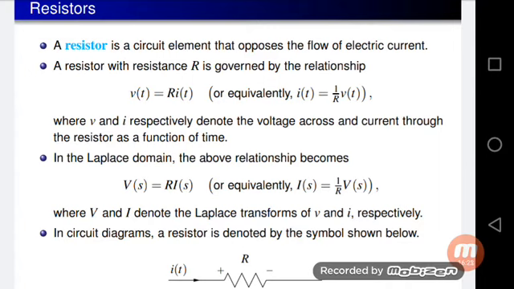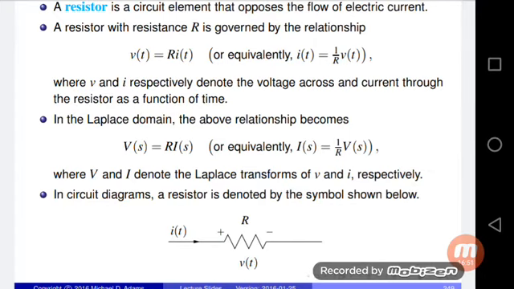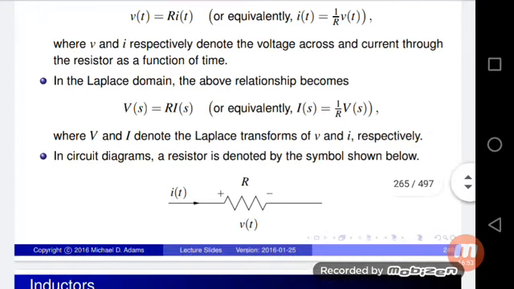That's why we use it in electronic or electrical components. We already know the equation V of t equals R times i of t.